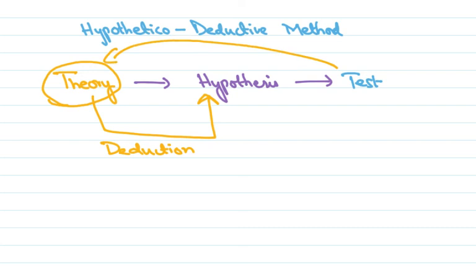If it is rejected, then you can say that the theory perhaps is not true, right? So this is the basis of the hypothetical deductive method, which is what is used in quantitative research, right? This is the whole background of it.